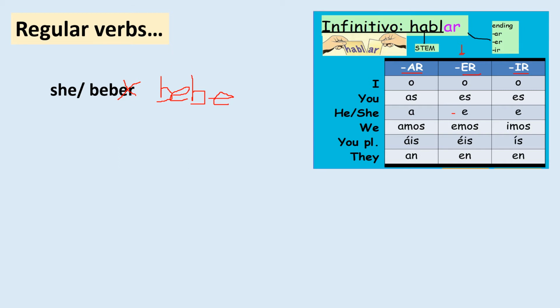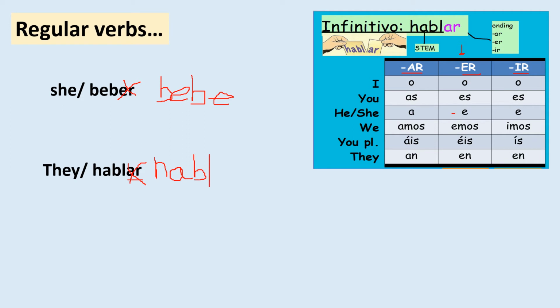Let's do another one. So for example, I want to conjugate hablar, to speak, for the they form. So hablar ends in -ar. The first thing I'm going to do is remove the ending, so bye-bye -ar, and I'm left with habl, the stem.